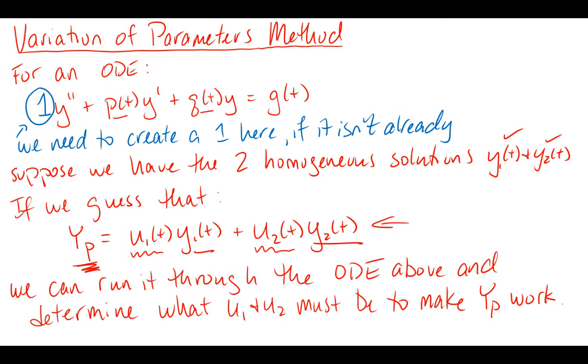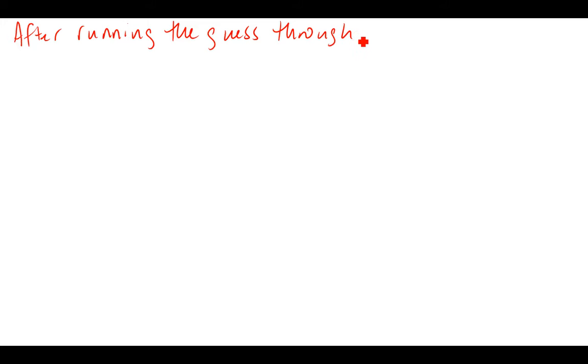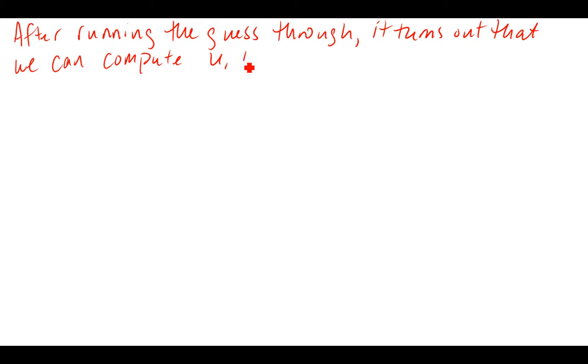After running it through and doing an awful lot of simplifying, it turns out that we can compute the u1 and u2 we need by doing the following.